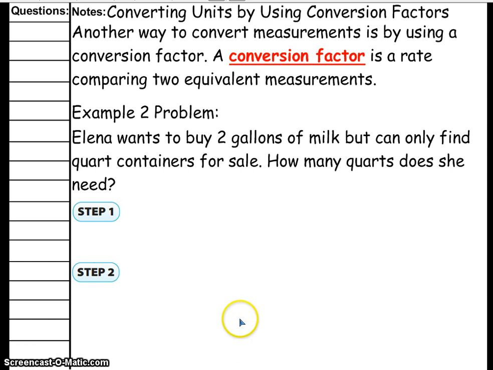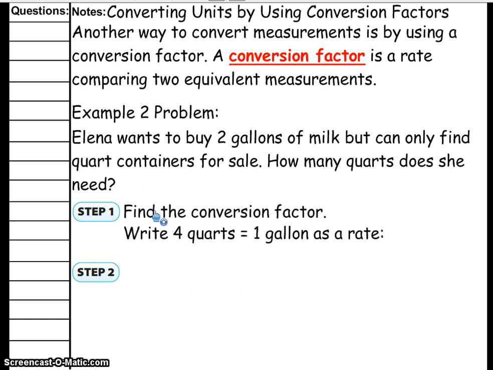So our first step is to find the conversion factor. So we're going to write 4 quarts equals 1 gallon. We get this from our orange math chart. So the rate would be 4 quarts to 1 gallon. This is also considered a unit rate because we're comparing 4 quarts to 1 unit of gallons.